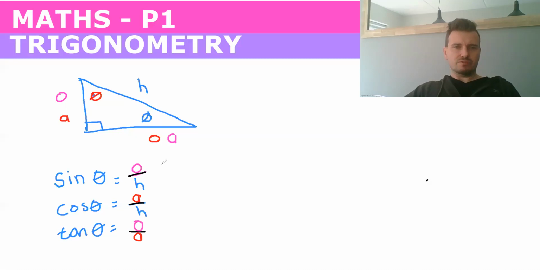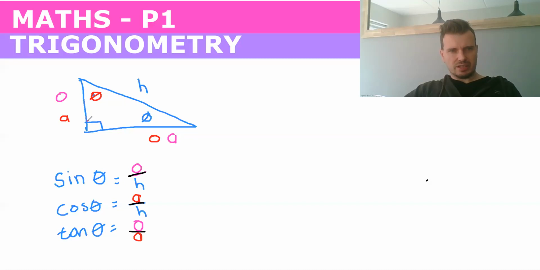Okay, and so if we were looking at sine theta with the red, then suddenly the opposite becomes the red. So sine of the red is equal to the adjacent of the blue one. So that's where we get the formula, because these two are interchangeable.